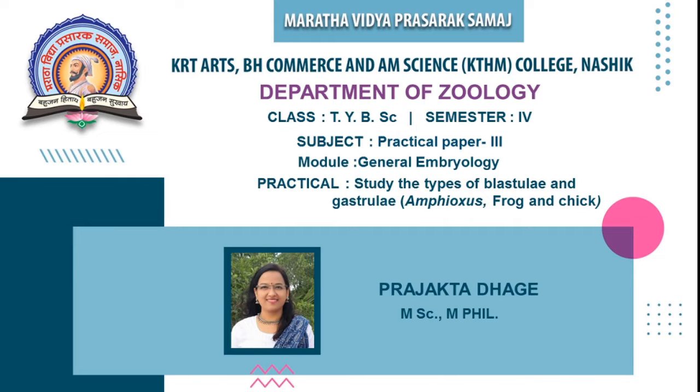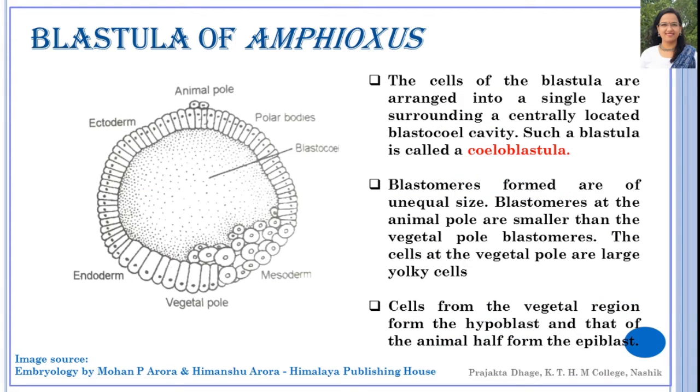Let's first begin with seeing what is a blastula or what is the process of blastulation. After a ball or morula is formed, the process of blastulation takes place. Blastulation means the formation of blastula.